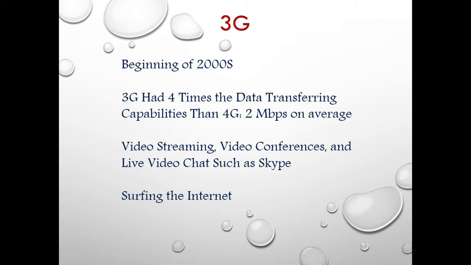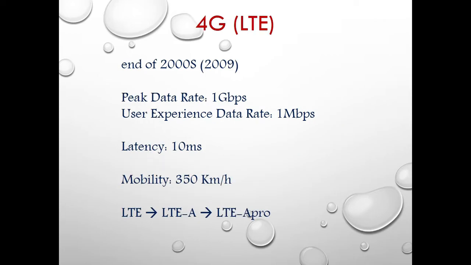So it could improve the downloading speed of the 2G, but it wasn't comparable to the generations that were supposed to come, such as 4G, 5G. At that time, the researchers and the industrial people could improve the downloading speed to 2 megabit per second.